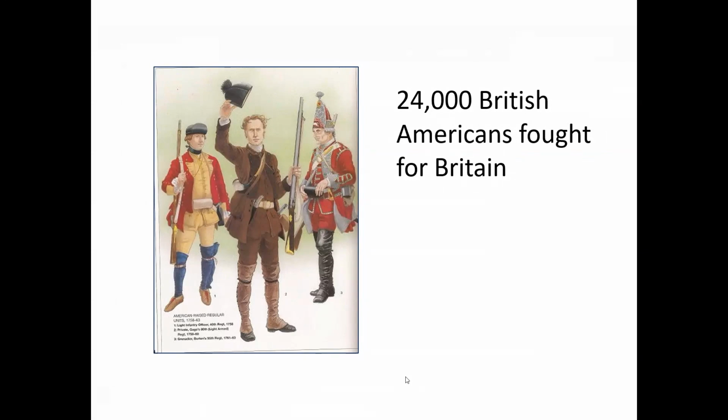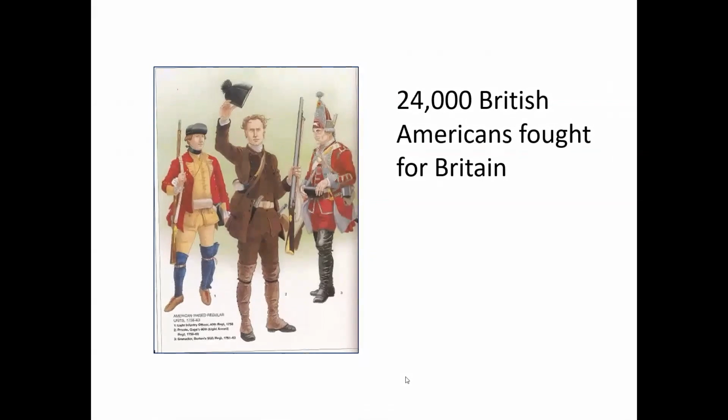And in fact, there are battles in the American Revolution that the Americans almost lose because they don't have good uniforms and they can't tell themselves apart once the battle starts because it gets really smoky and really noisy. But we can see that there are two British Americans wearing red uniforms, and they look just like British soldiers. That's because they considered themselves to be British, just British people who were born in North America.